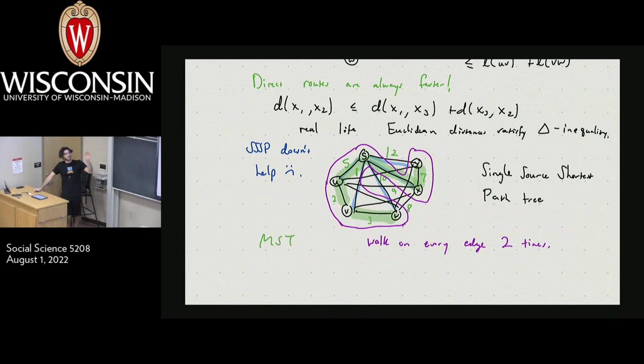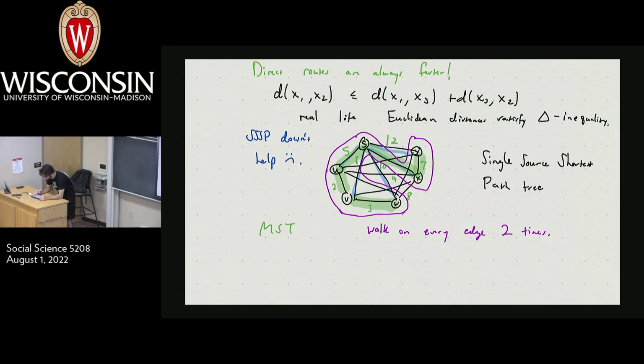So what's the cost of this tour? It's not a cycle yet, but let's just say, what's the cost of this specific walk? So the cost of this walk is exactly equal to 2 times the size of the minimum spanning tree.